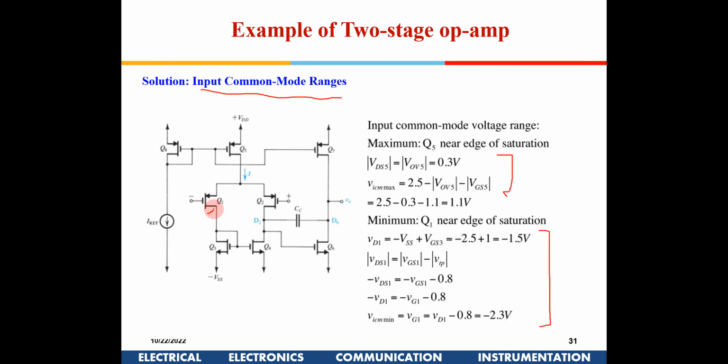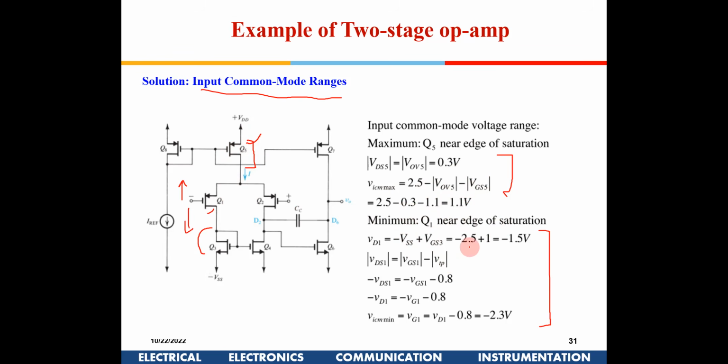a PMOS out here. When we increase this voltage, this transistor will come out of saturation, correct? And if you decrease here, this transistor will come out of saturation. So those conditions need to be catered for. To support this current, you have to give minimum overdrive voltage.